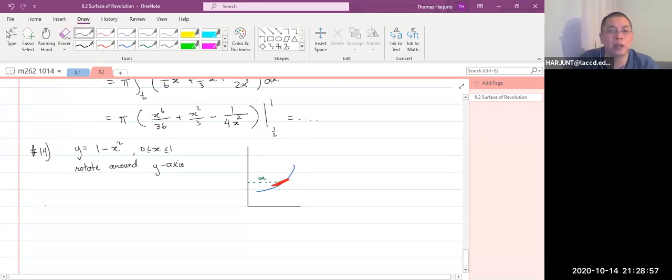So the surface area will be the integral from the boundaries. In this case, my x is from 0 to 1. Two pi x square root of dx dy being squared plus 1 dy.